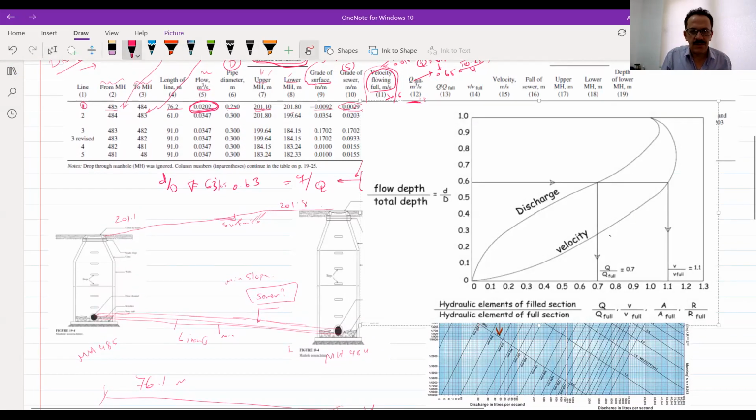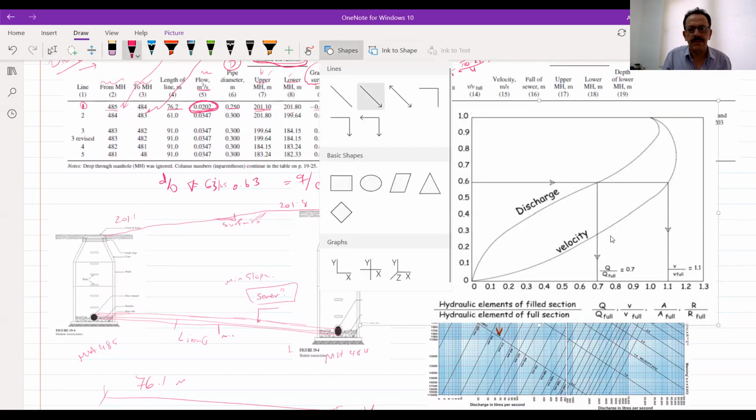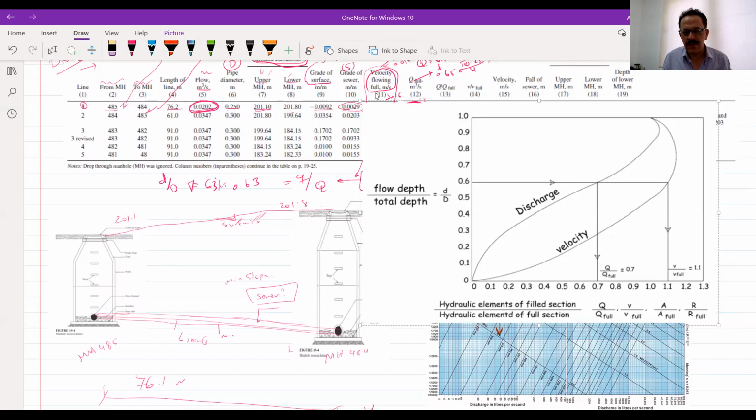So this is 63%, I will go with this one, and this will be the value of it.